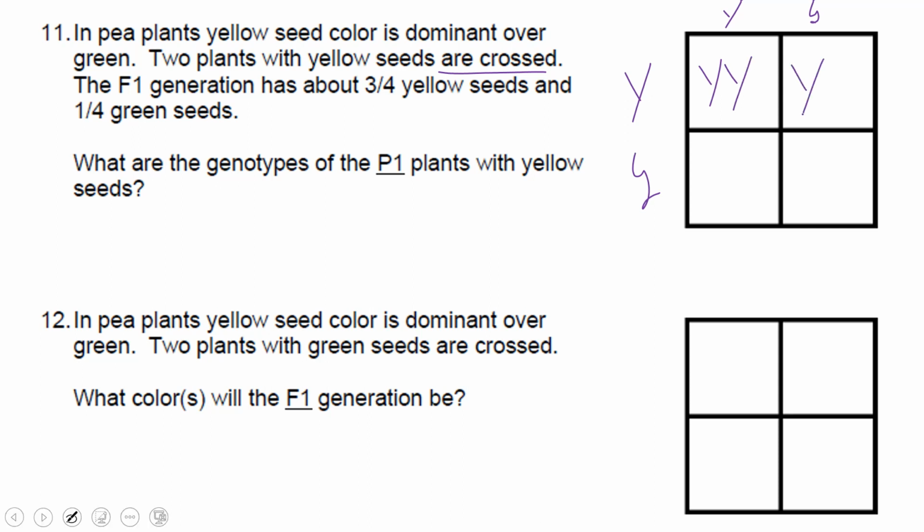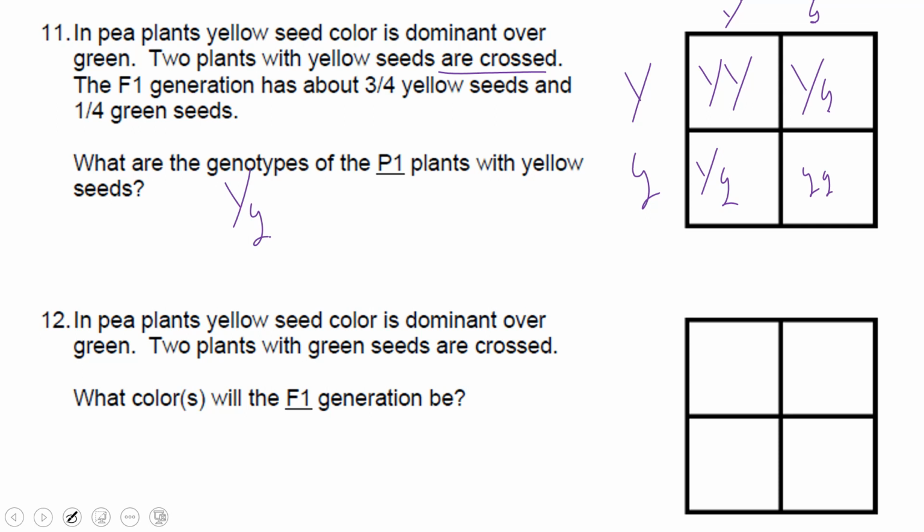Then as you fill in your squares, you will see that 3/4 of them, those three that I've already written down, end up being yellow, and 1/4 end up being green. So that means the genotypes of both parents must be big Y, little y.